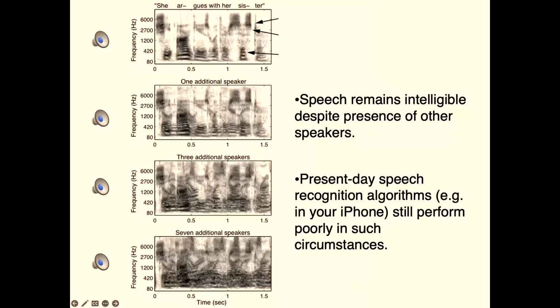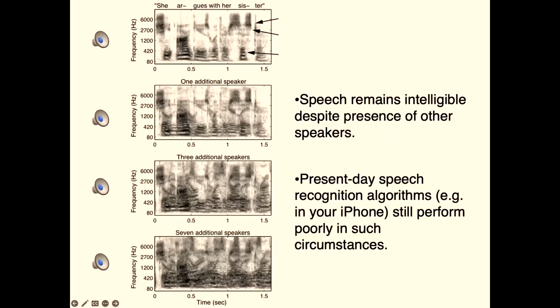Okay. So by the time you get down to here, it's really a pretty serious mess. Okay? But you could hopefully probably tell that you had a pretty good ability to actually hear out that target voice throughout these examples. Okay? So in general, in many cases, speech remains intelligible despite the presence of other speakers.